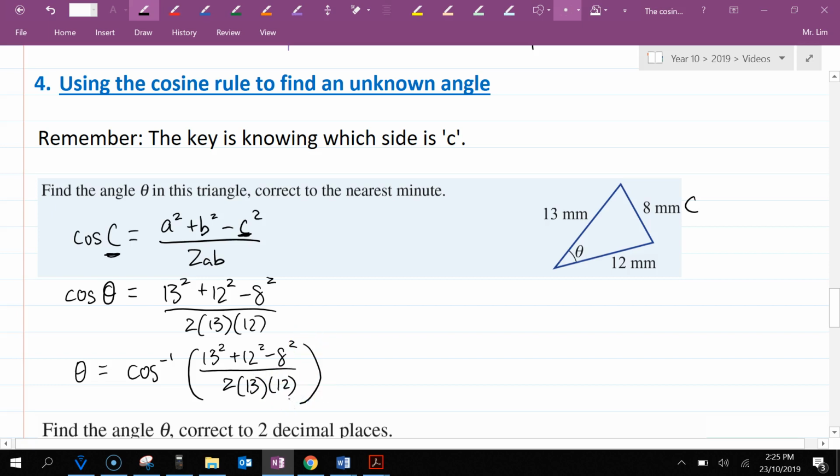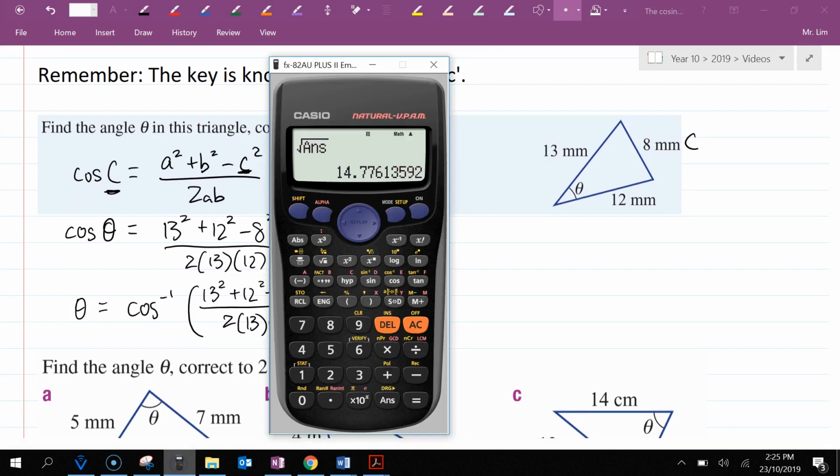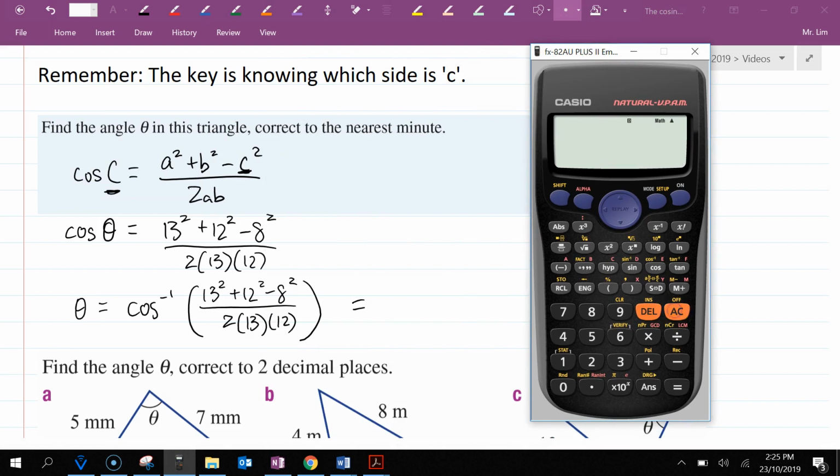Okay, remember whenever we are trying to find an unknown angle, we need to find the inverse or the arc. And on our calculators, we need to press shift. So let's put that into our calculator. Inverse cos of 13 squared plus 12 squared minus 8 squared over 2 times 13 times 12.